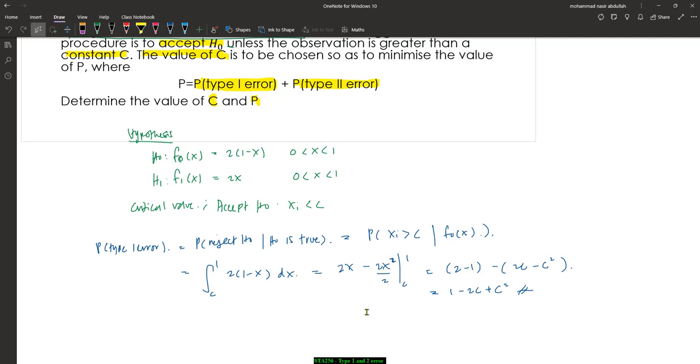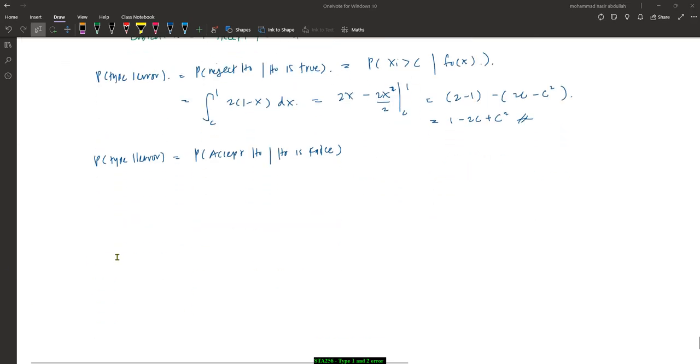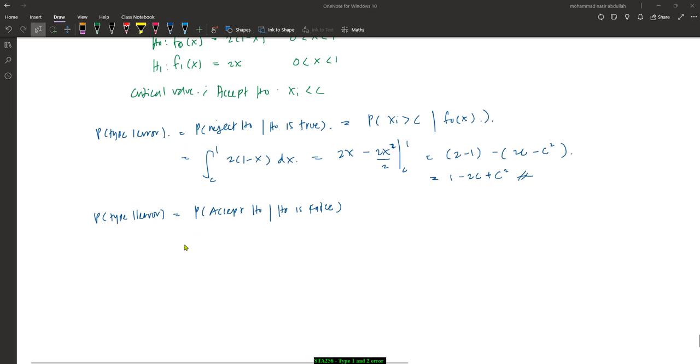So this is the type 1 error, and the probability of type 2 error is equal to the probability of accepting the null hypothesis when the null hypothesis is false. Okay, so the concept is the same. So we're going to accept the null hypothesis when xi is less than c, under f1 x.